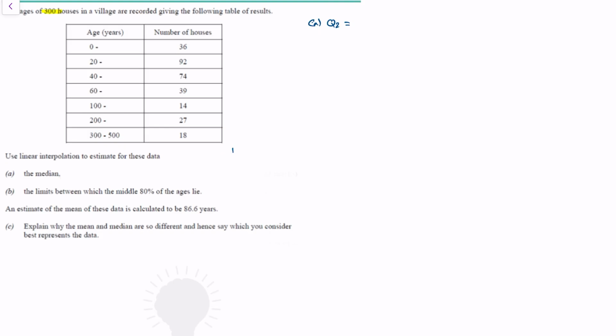Q2 is half of 300, which is the 150th value. 36 plus 92 is 128, plus 74 equals 202, then 241, 255, 282, and 300 right at the end.